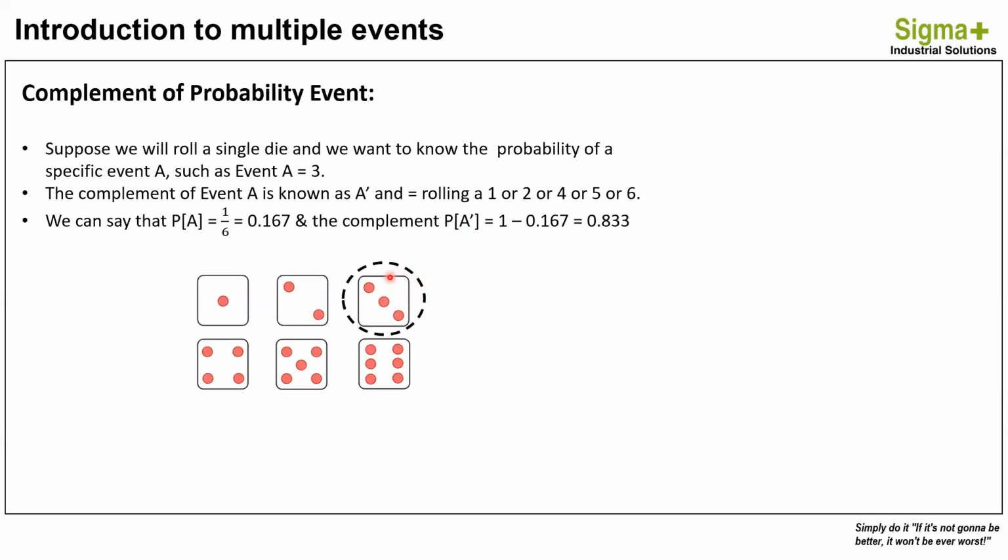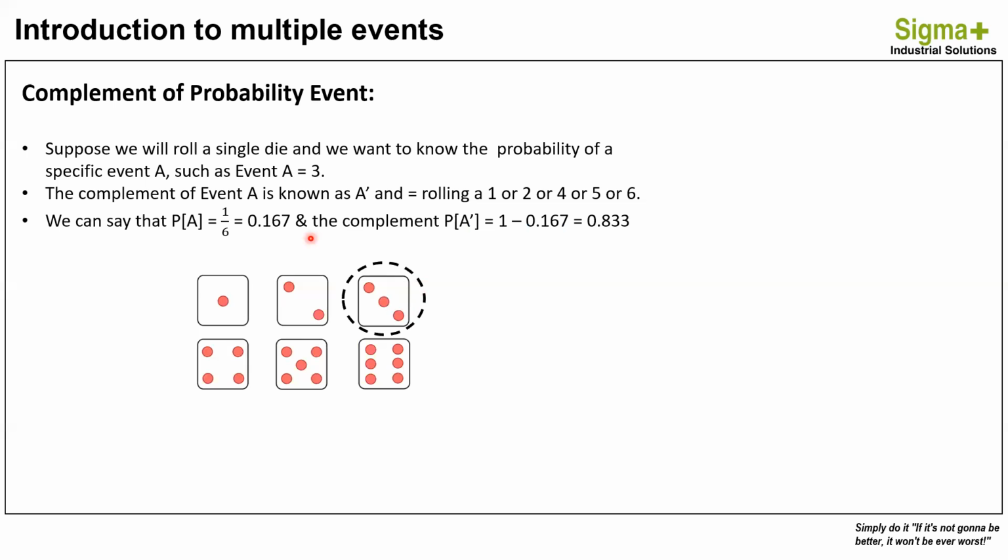So the probability of event A, which is having the number 3, will be equal to 1 divided by 6, while the complement of event A will be any of those numbers that could occur. So it could be 1 or 2 or 4 or 5 or 6. Right? So the probability of A is 1 divided by 6, which is equal to 0.167 or 16.7%.